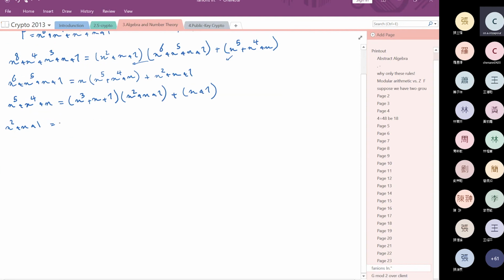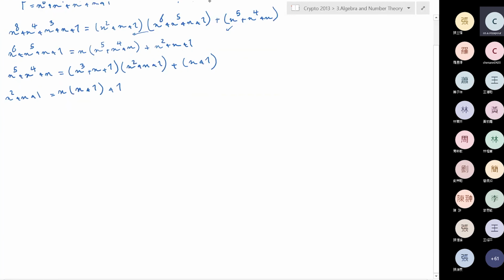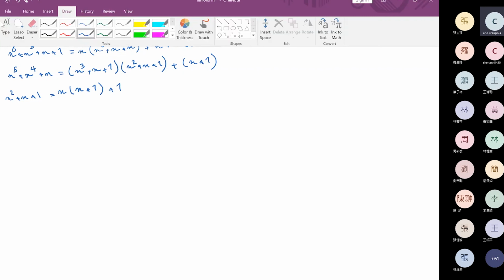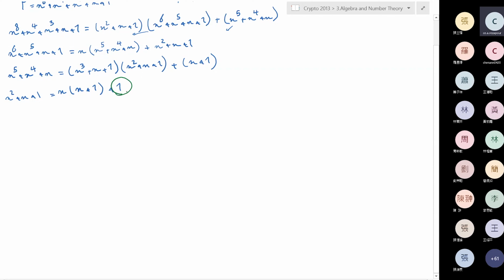So this was equal to x times x plus 1 plus the remainder, which was 1, right? And then the next line, obviously, the remainder is going to be 0. So we would just halt here, right? If I continue to divide this by this, the remainder is, of course, going to be 0. Which means that the GCD of these two is 1.